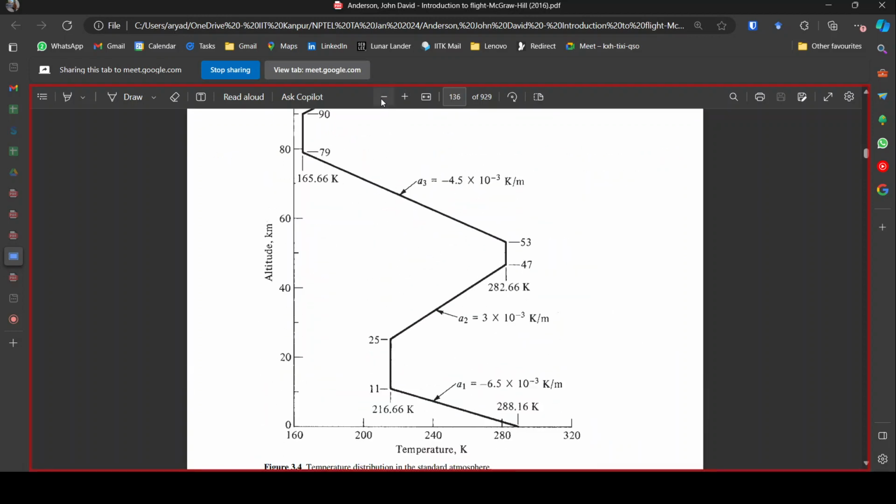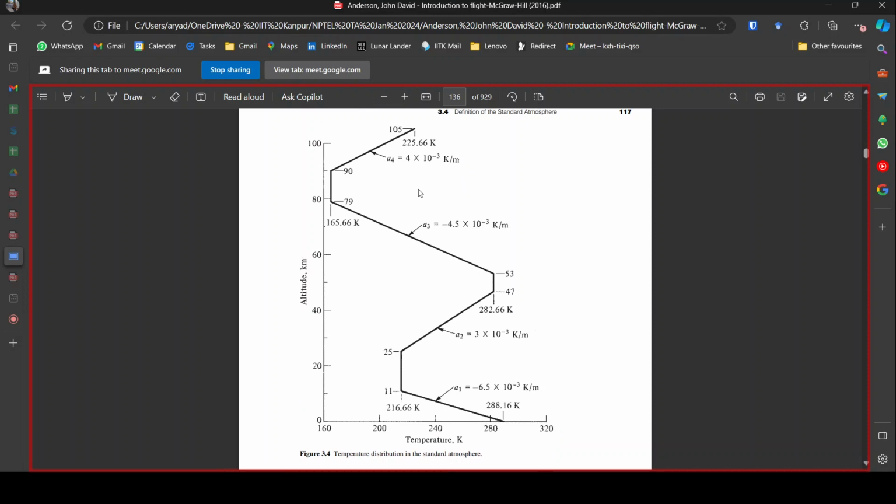So this is how temperature varies in the atmosphere. Standard atmosphere is the atmosphere model that has been constructed. According to this, the temperature varies like this. The vertical axis is your altitude and the horizontal axis is your temperature.